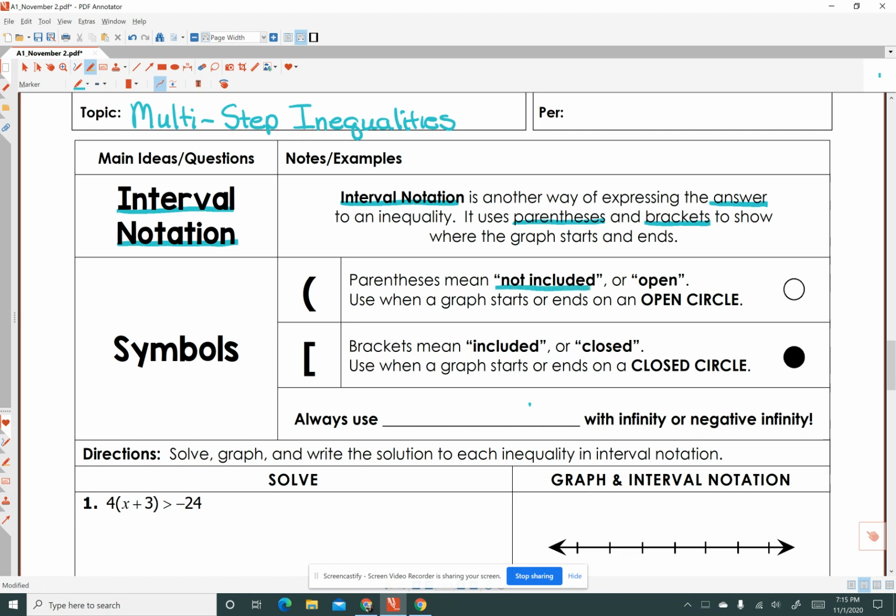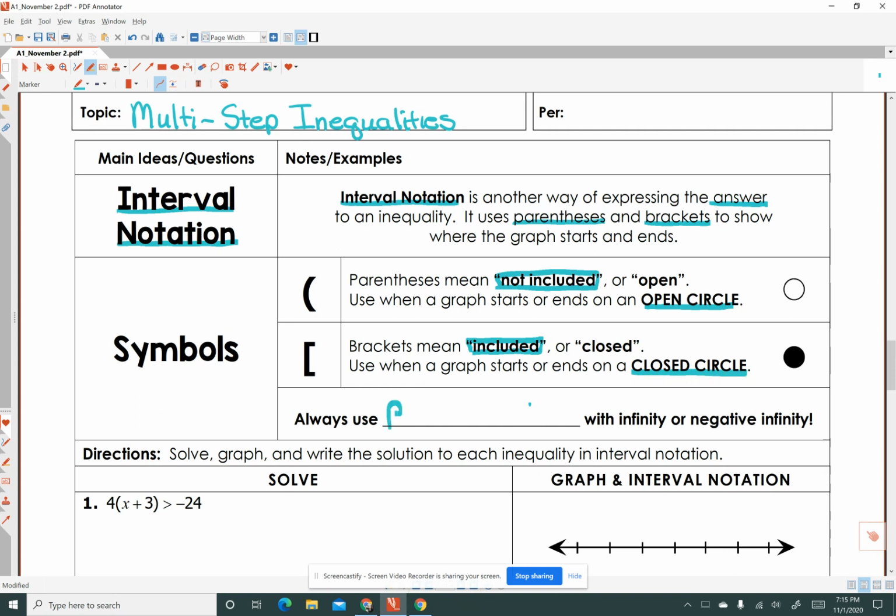Parentheses mean not included or open. We use parentheses when a graph starts or ends with an open circle. Brackets mean included or closed. We use brackets when the graph starts or ends in a closed circle.